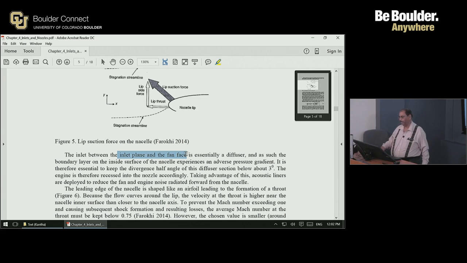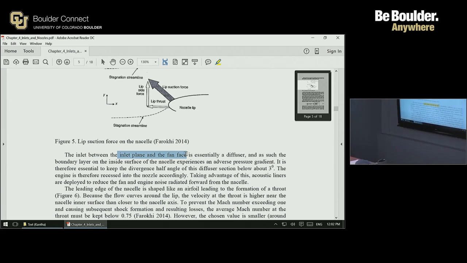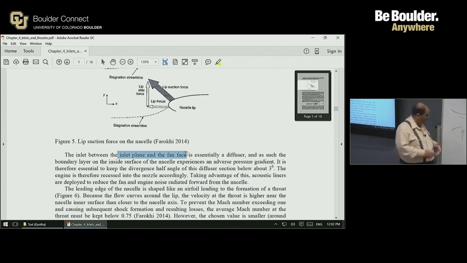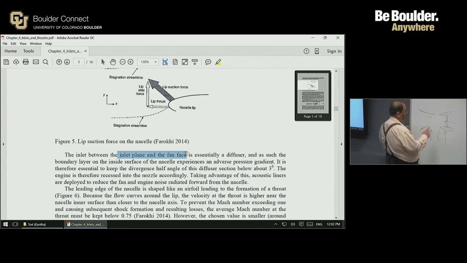So you need to keep the divergence angle of this diffuser section below about 3 degrees. What I'm talking about is this divergence angle. This angle here.